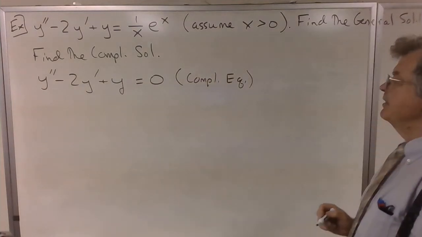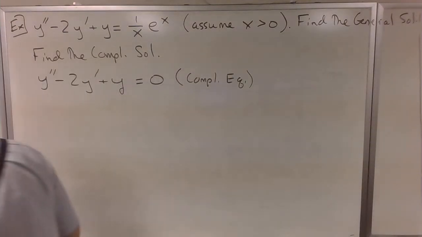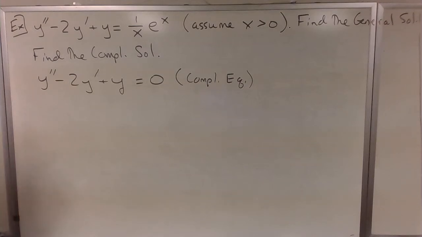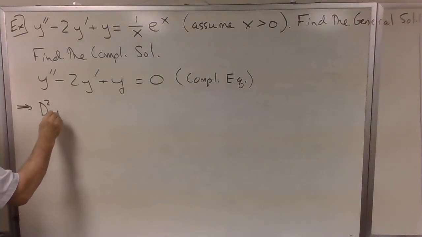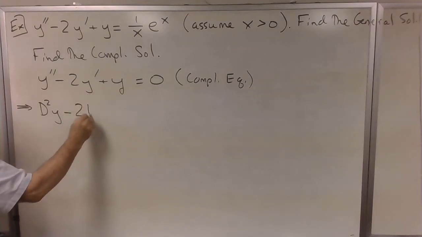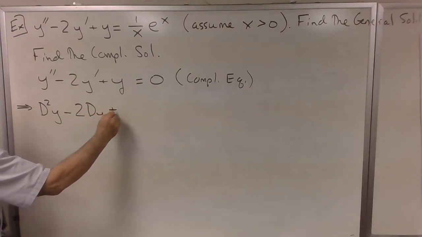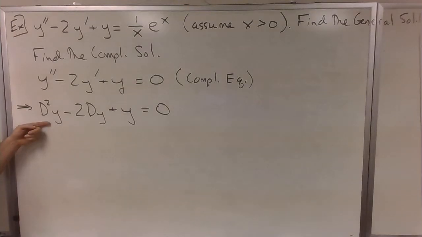So there's our complementary equation. Next, we rewrite the complementary equation using differential operator notation. So second derivative of y, that's d squared y, minus 2 times the first derivative of y, that's dy, plus y itself. So that's the complementary equation written using operator notation.